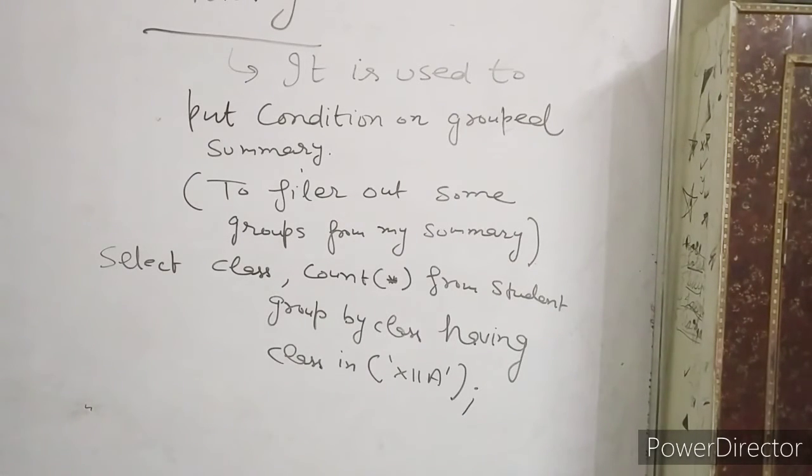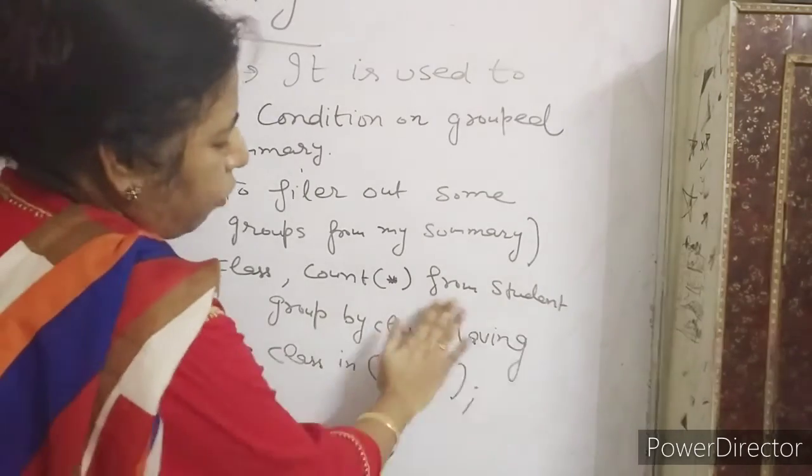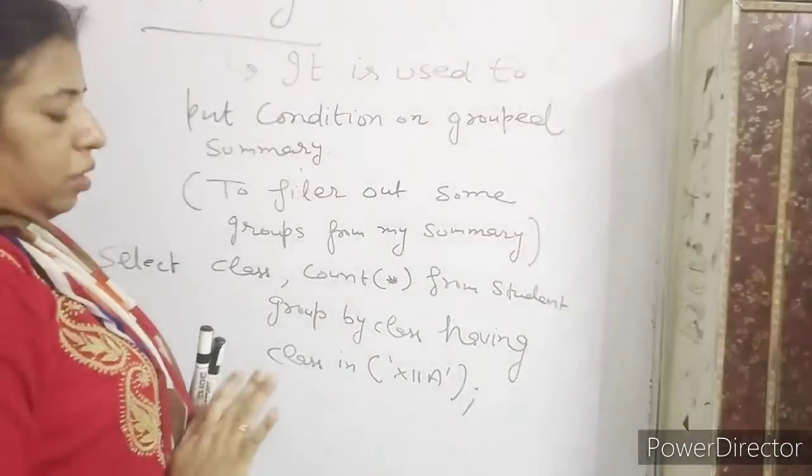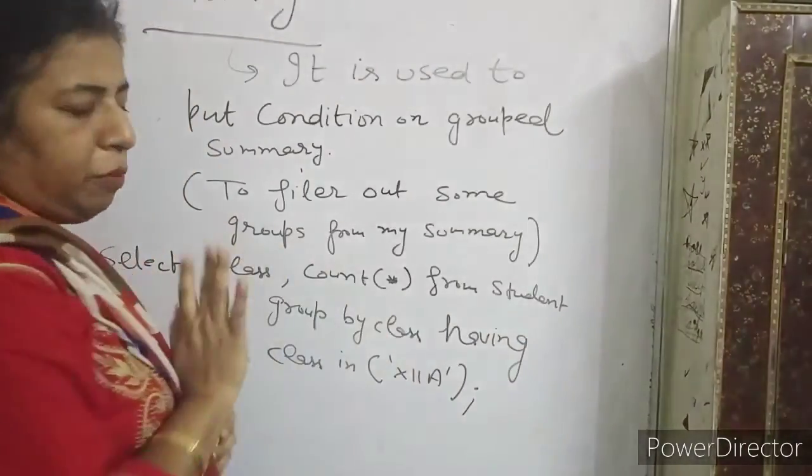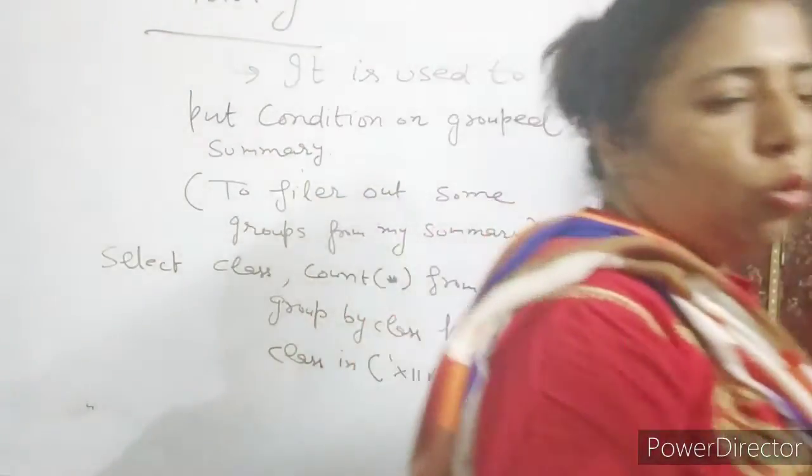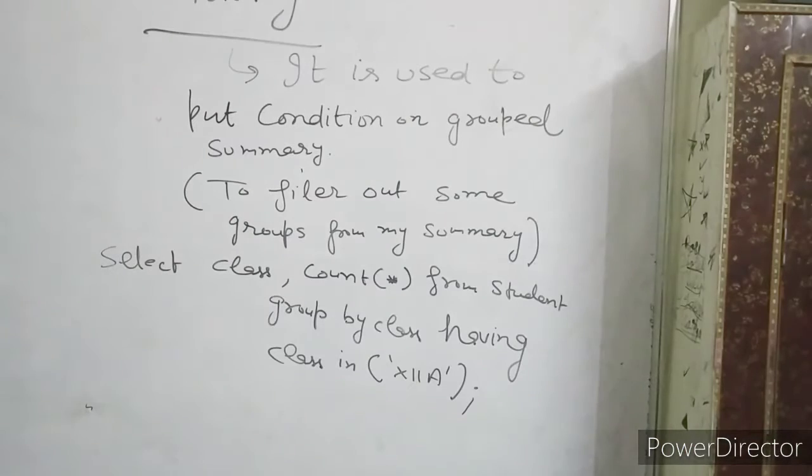Without having, first you find out the output. Without having, if I am not using having here, what will I get? I get two groups, 12th A and 12th B. Count of 12th A is 3, count of 12th B is 2. I said having class in 12th A.